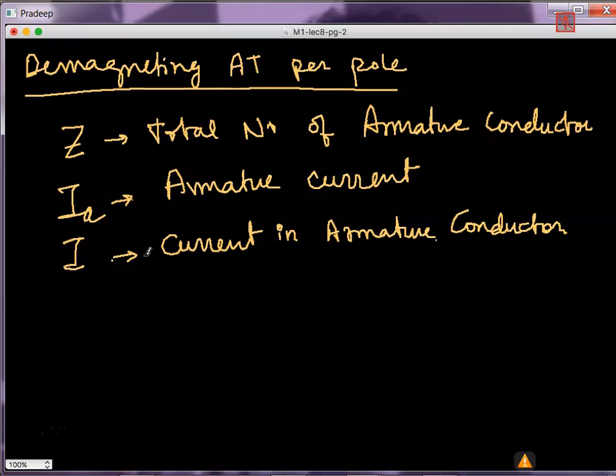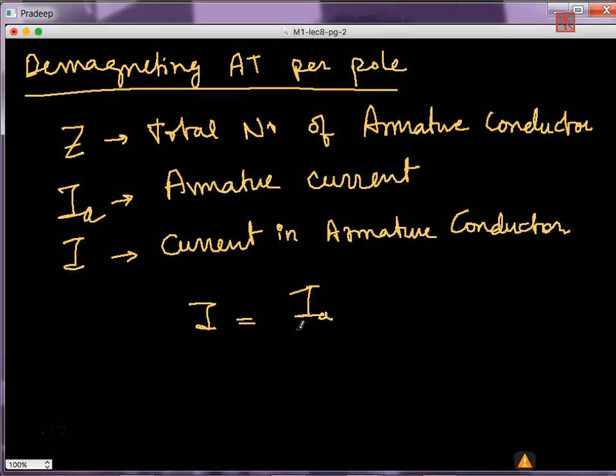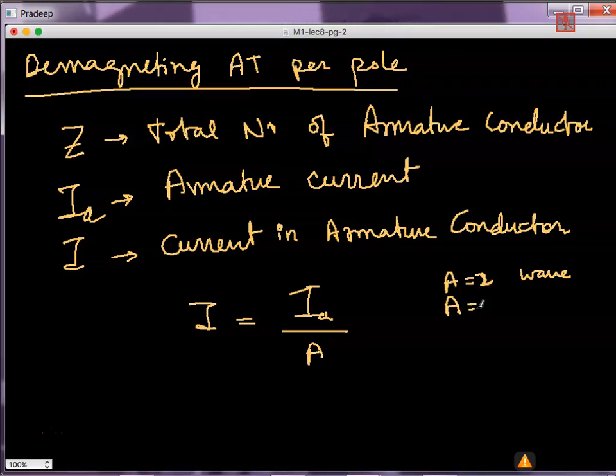So if you notice, IA and I are not equal. Armature current is not equal to the current in the armature conductor, because there are parallel paths. So I is nothing but IA divided by the number of parallel paths. So A equal to 2 for wave winding and A equal to P for lap winding. So you know this.